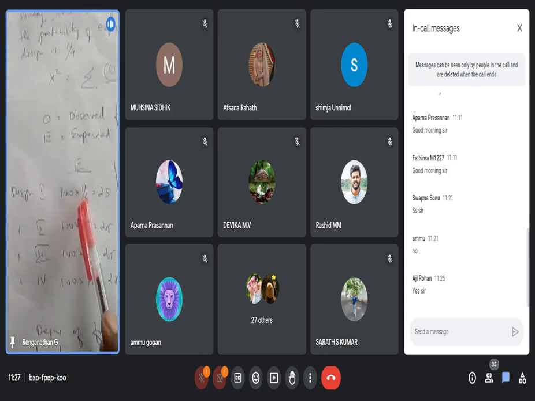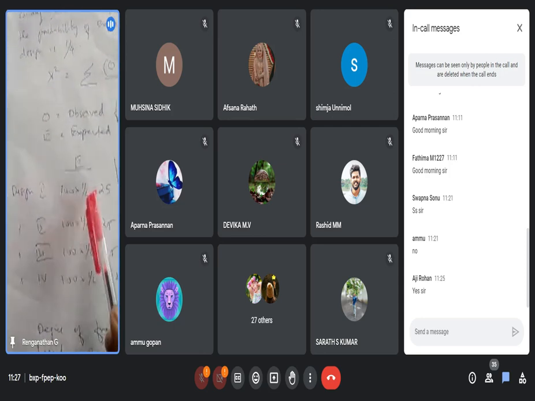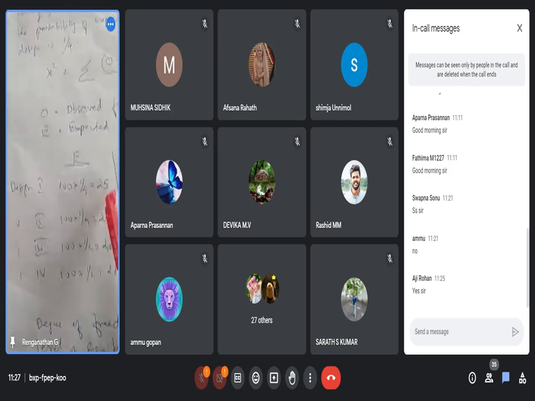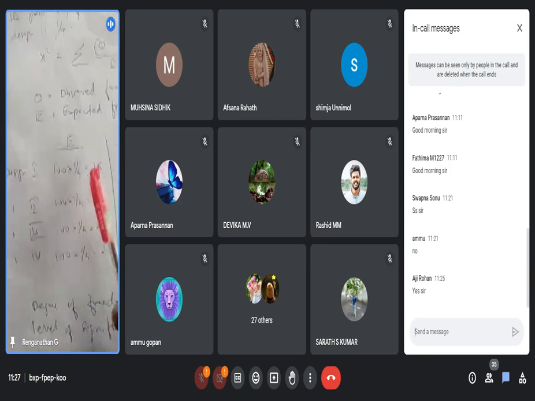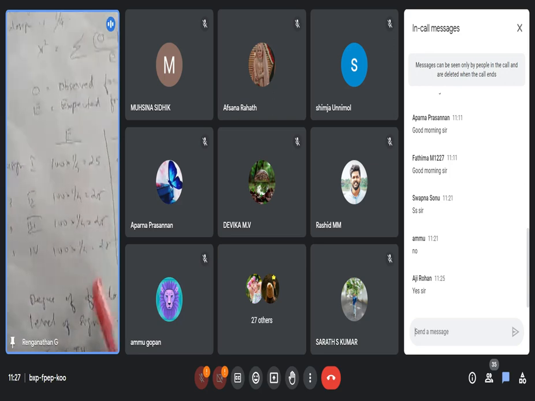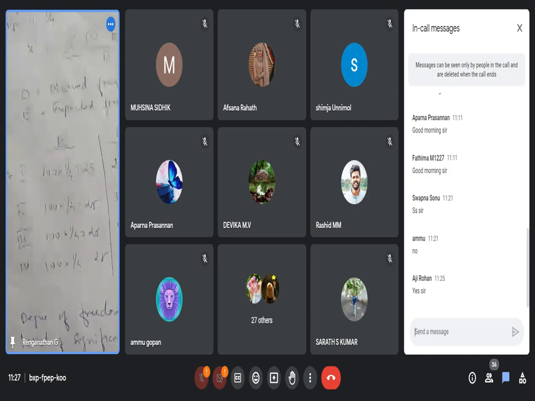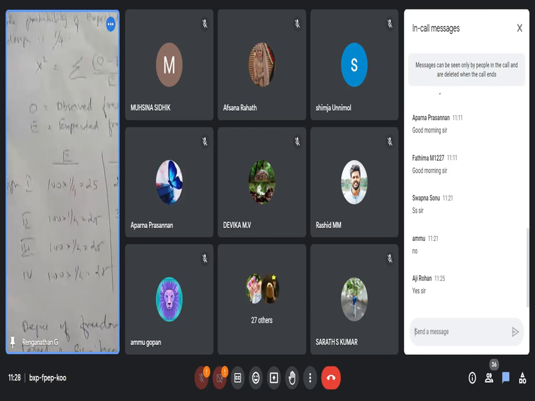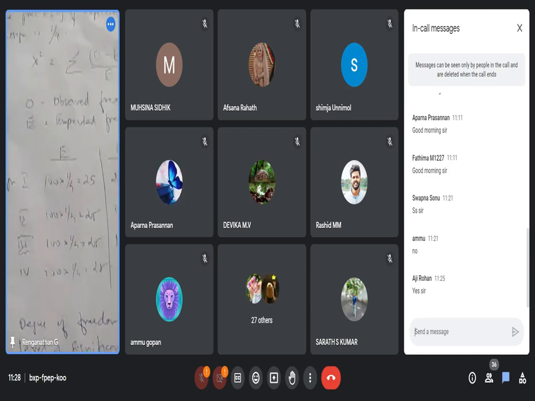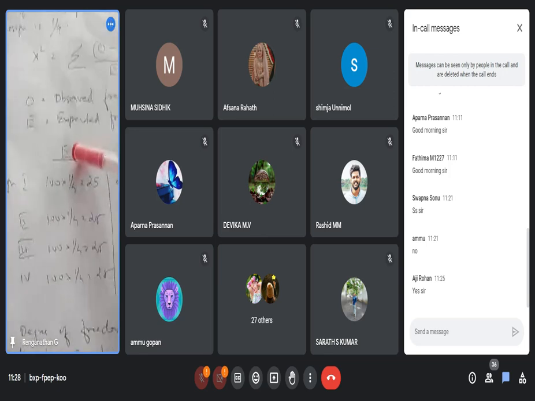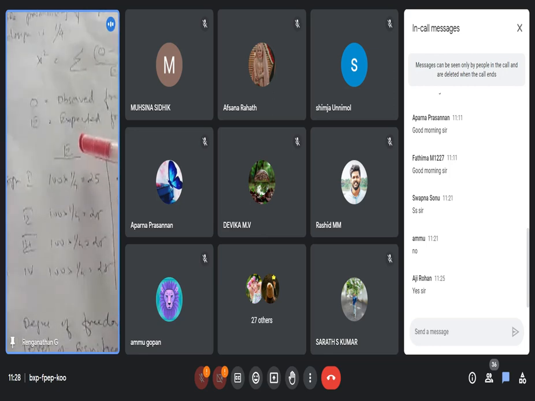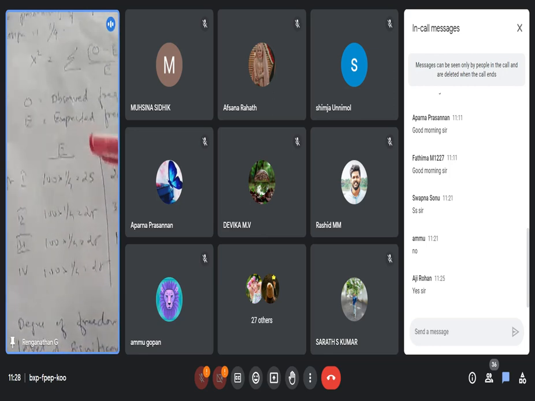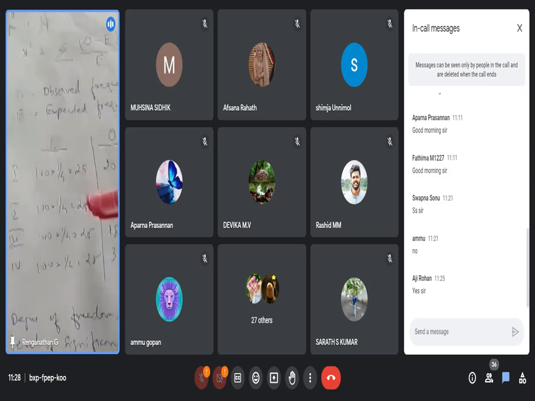So 100 into 1 by 4 is 25. And this 25 is applicable to all designs because we are giving equal probability to all the designs to be selected.